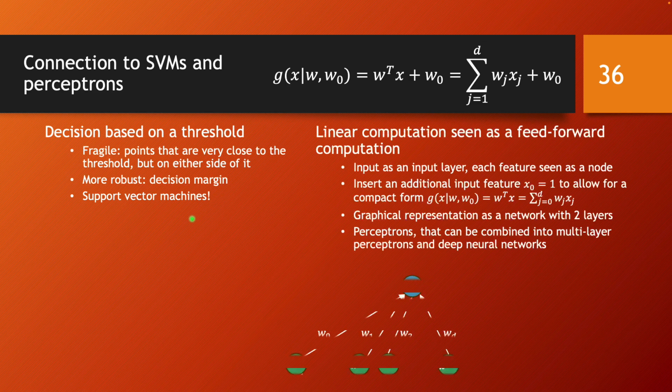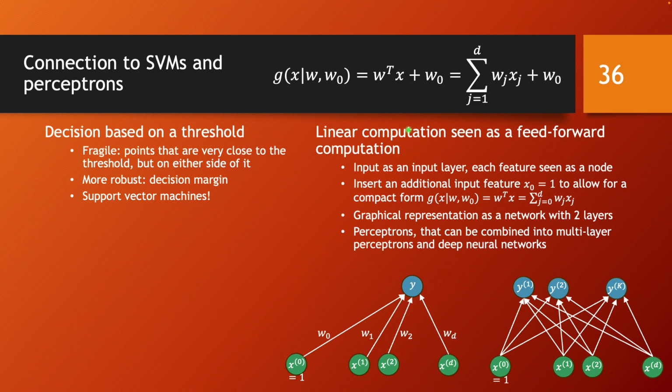The other observation I want to make is that you can actually see this linear computation done in linear discrimination models as a sort of a feed-forward computation. And the way you see this, you can, for example, think about your data point, your input, as some sort of a layer. And what I mean by that is that you're going to have some node for each one of the features in your data.